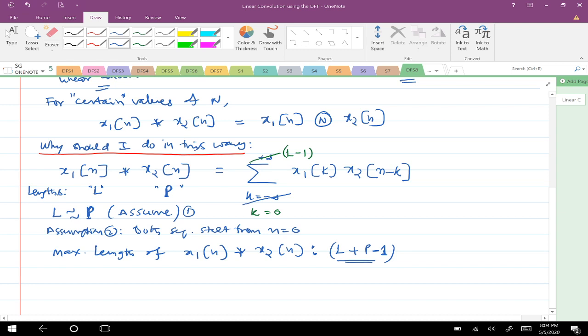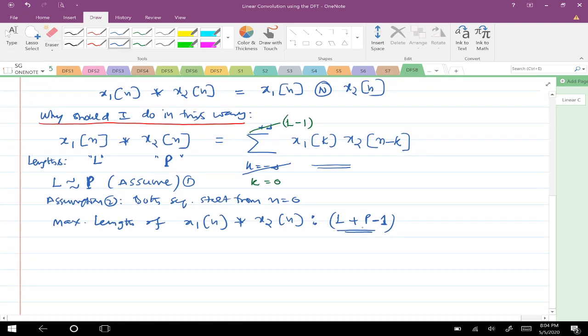So how many computations are required here? The summation has to be computed for L plus P minus 1 values of n.